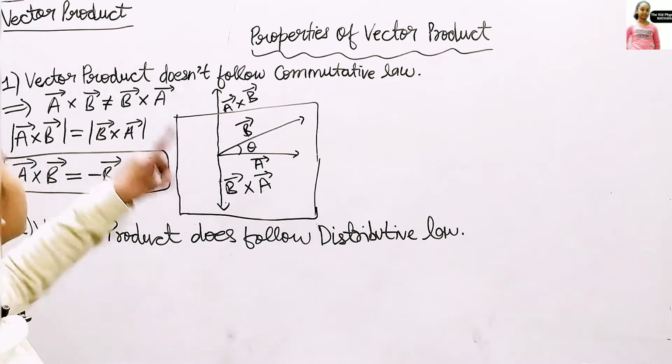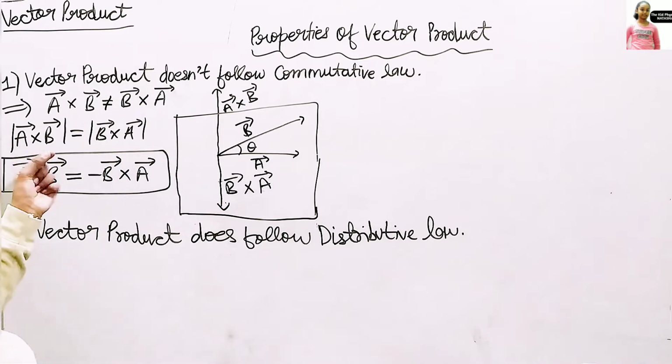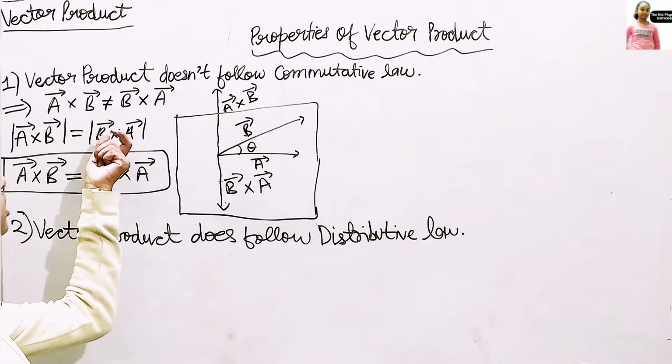Yeah, and always remember that in the first property, the magnitude can be the same, but their directions can't be the same.